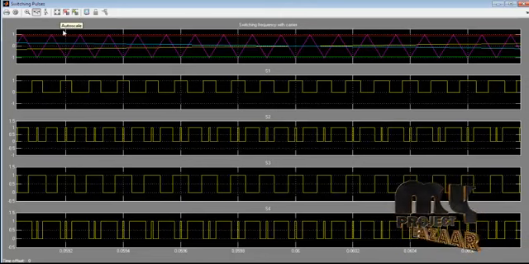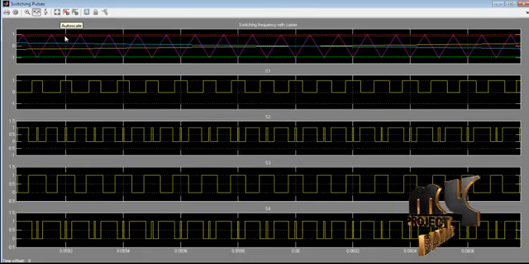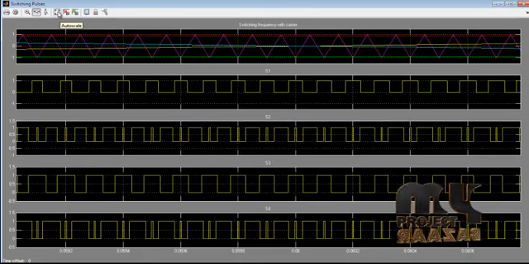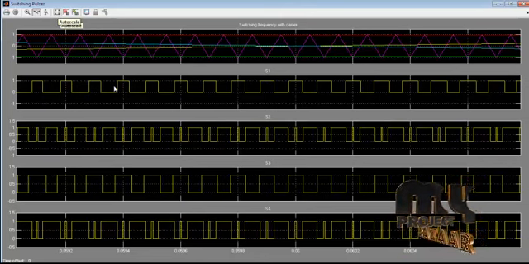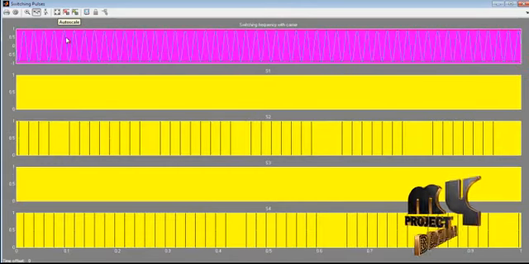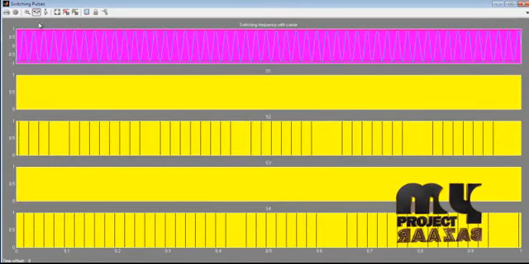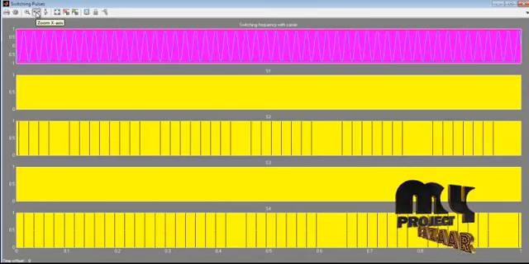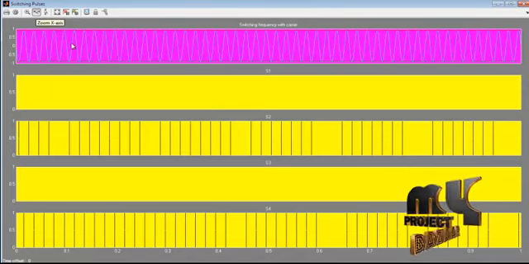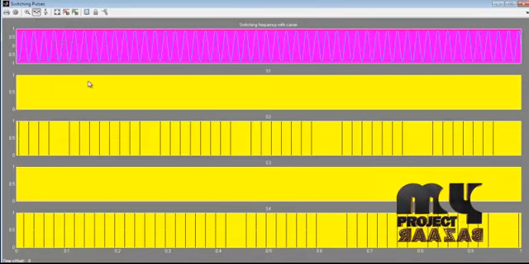Now this is the full view image. Now we zoom the x-axis. Zoom in.